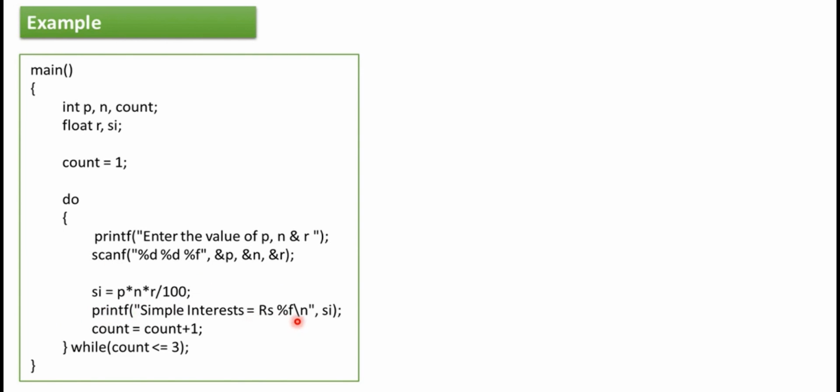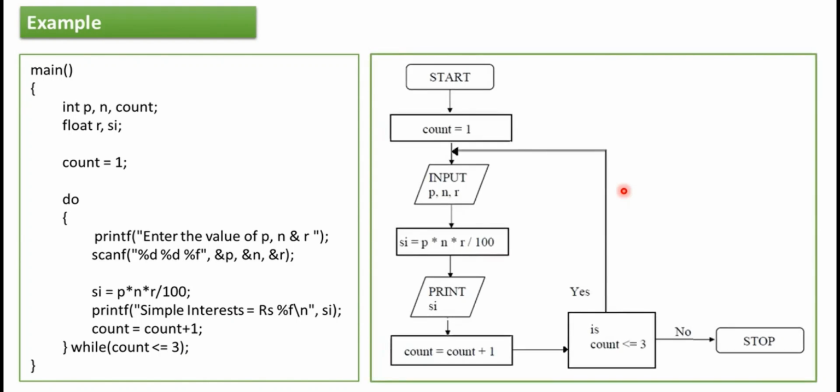Once the body of the loop is executed, the condition is tested: while count is less than or equal to 3. If this condition is satisfied, the body of the loop is executed again, otherwise it quits the loop. You can see the equivalent flow diagram. Here the code starts, count is initialized to 1, then input is taken from the user, simple interest is calculated and printed on the output window, and once this body of the loop executes, at the end we have count equal to count plus 1.